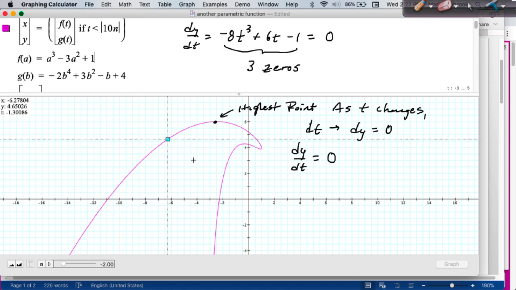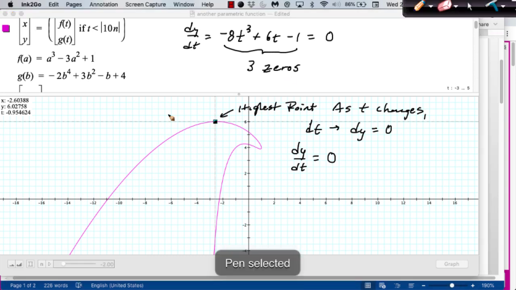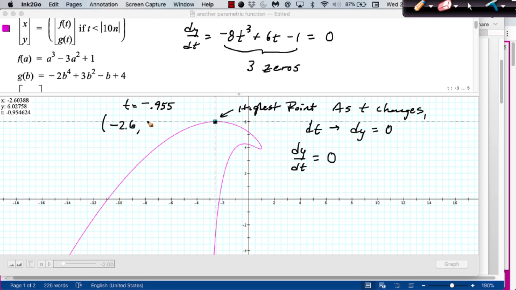So let's find out what that is. Looks like t is negative 0.955 about. And the ordered pair is negative 2.6 approximately and 6.03 approximately.